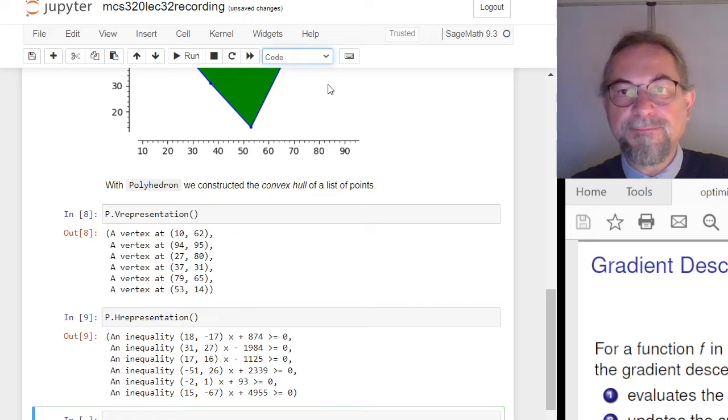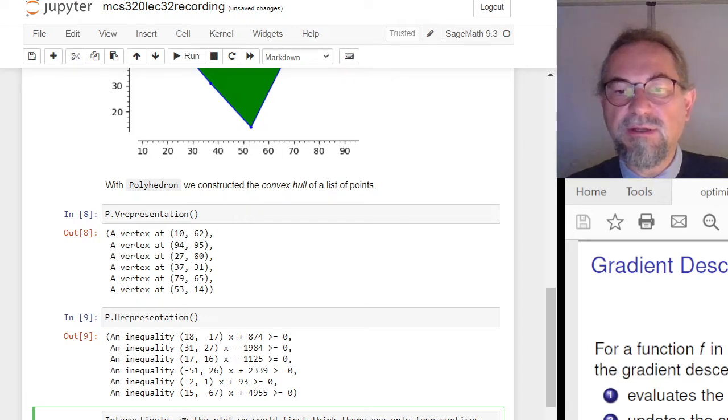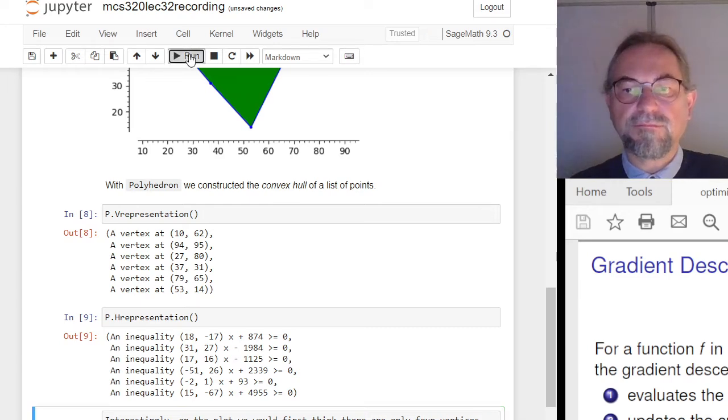So interestingly, on the plot we would first think there are only 4 corners, 4 vertices, and 4 edges, but the choice of the numbers has some almost collinear edges.